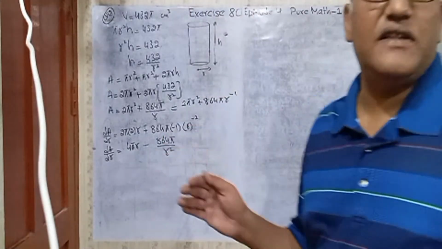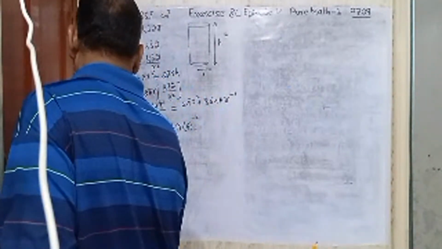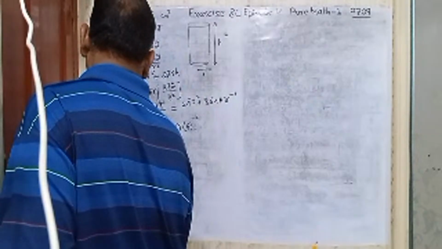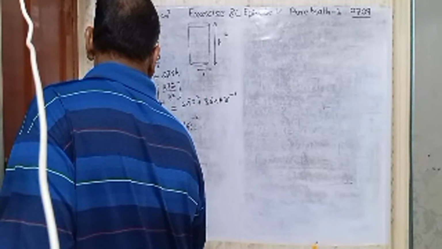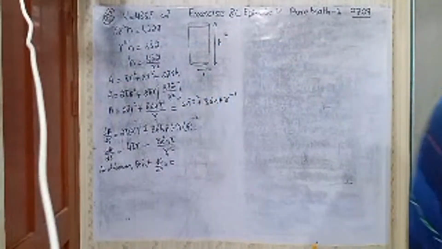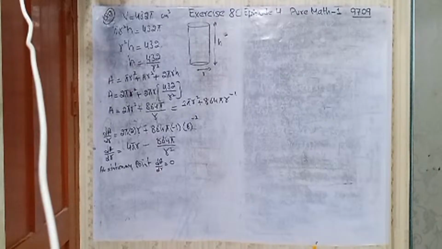At the stationary point, the dA by dr is equal to 0. Okay, at the stationary point, the dA by dr value should be 0. Okay, so we will make that value 0.